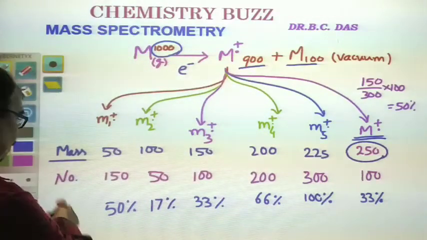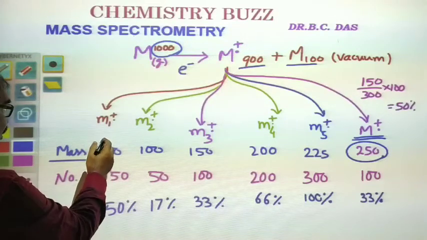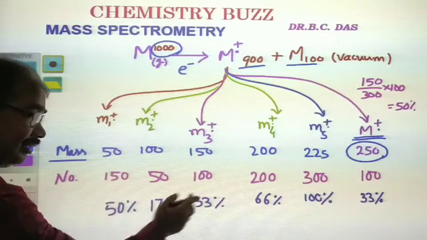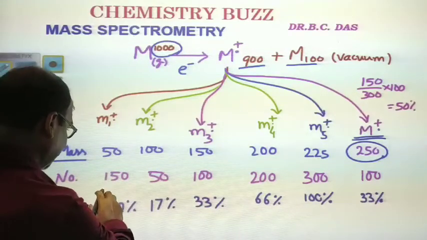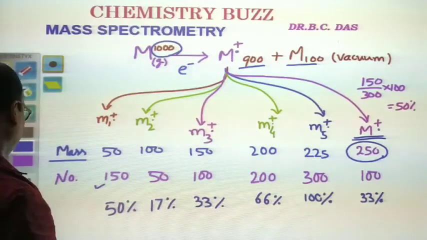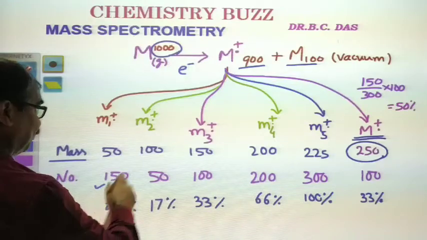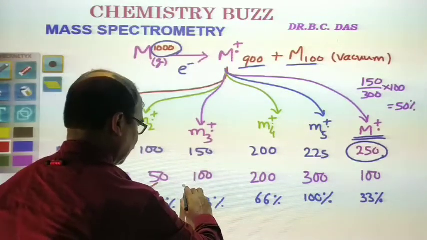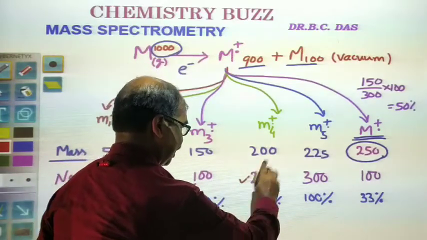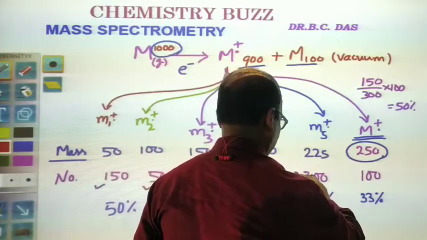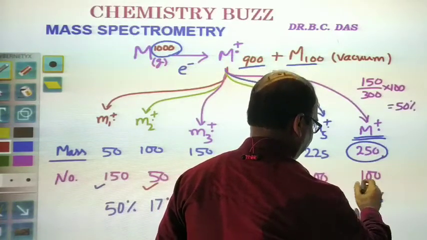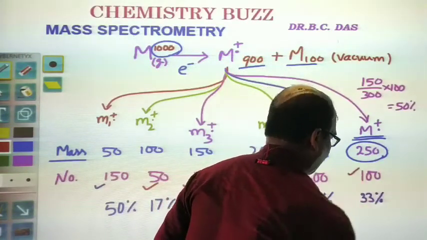And the number of ions of the M1 form detected in the photomultiplier tube, say 150, M2 is 50, M3 100, M4 200, M5 300, and the molecular ion N plus, that is 100.